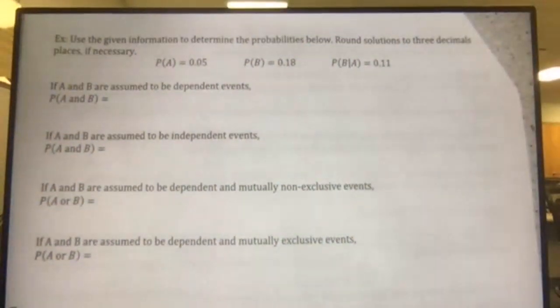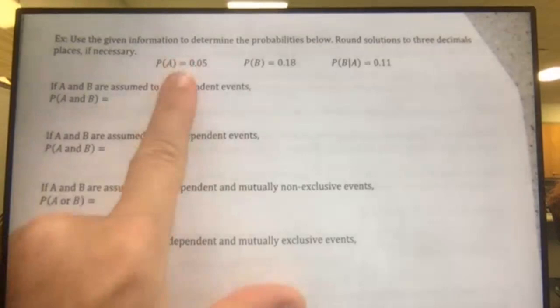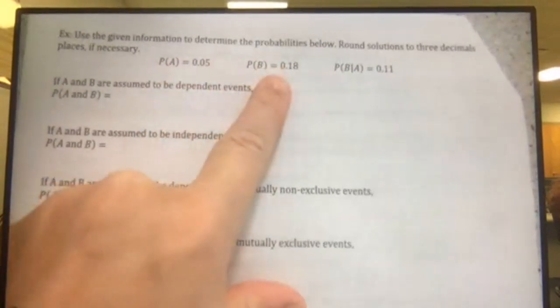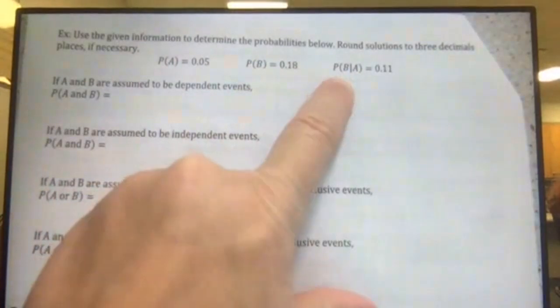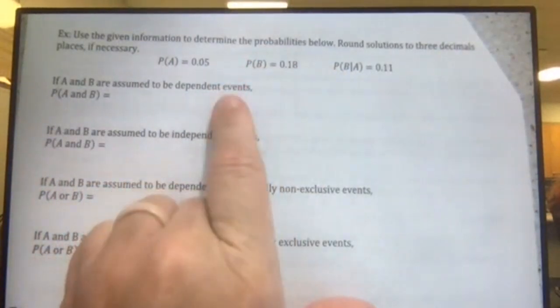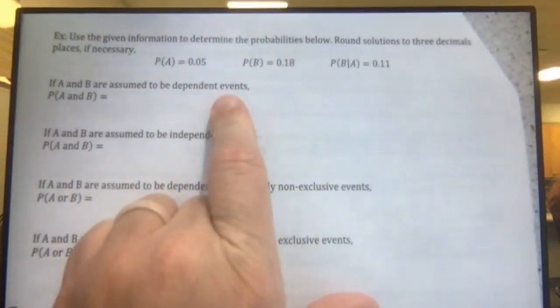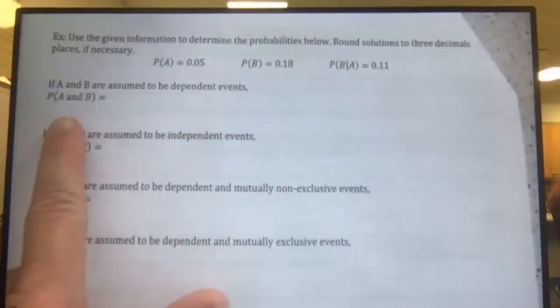It says use the given information to determine the probabilities below. Round our solutions to 3 decimal places if needed. So probability of A is 0.05. Probability of B is 0.18. Probability of B given A is 0.11. So if A and B are assumed to be dependent events, find the probability of A and B.